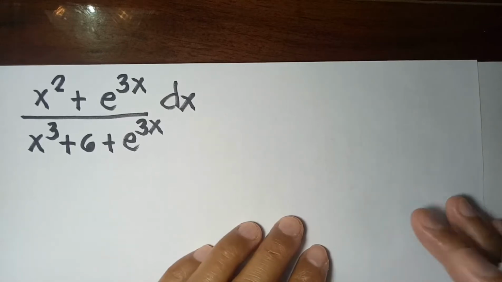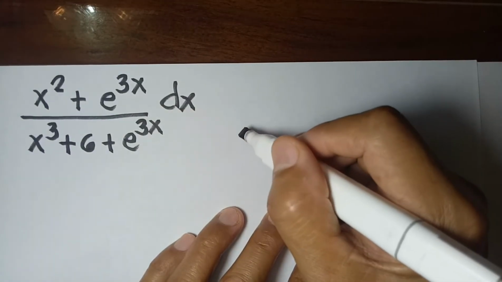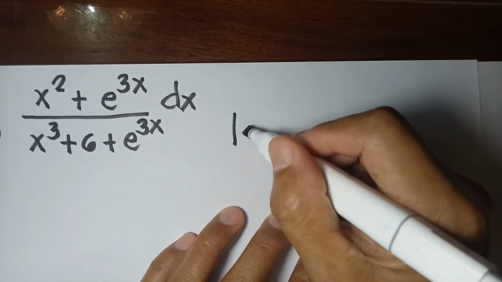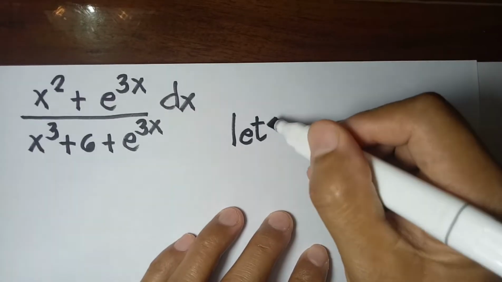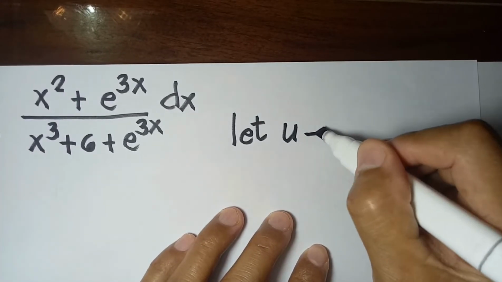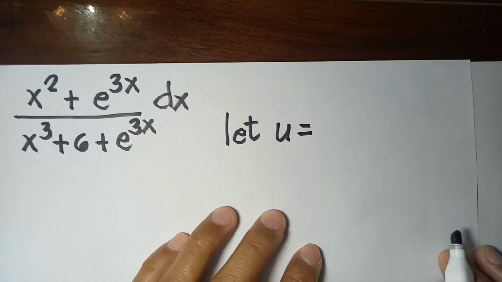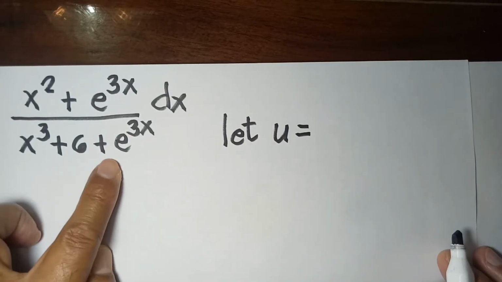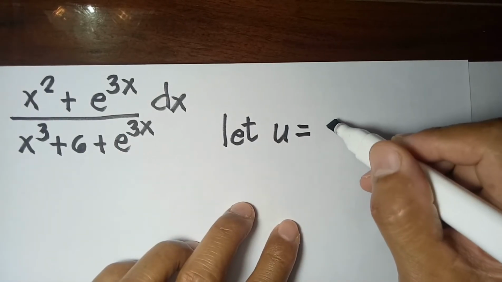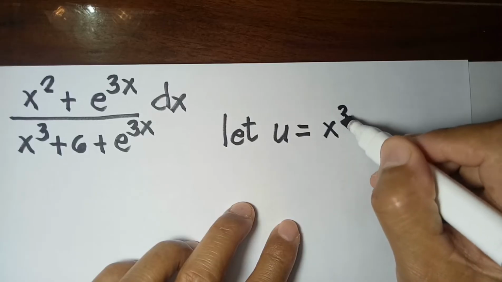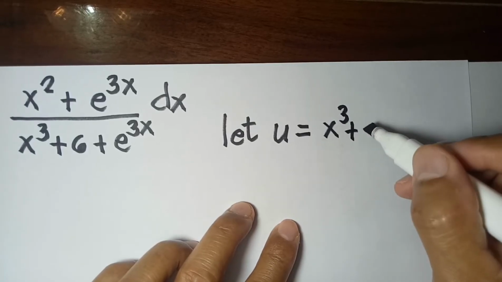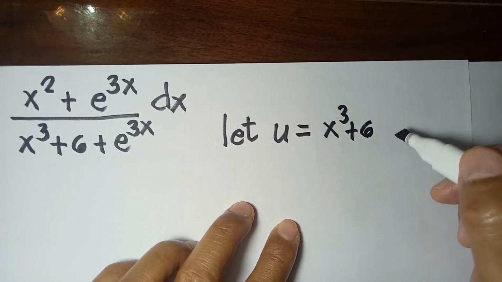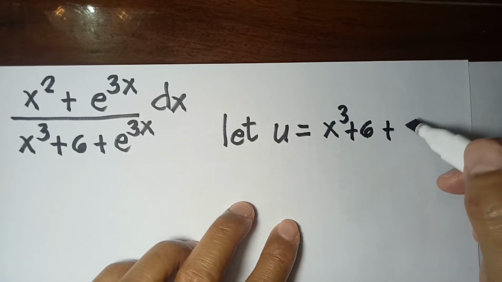Okay, so dito, let u equal the denominator, x cubed plus 6 plus e raised to 3x.